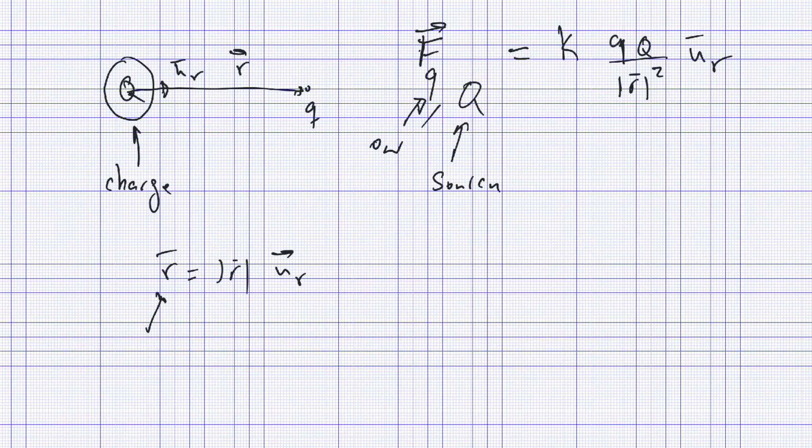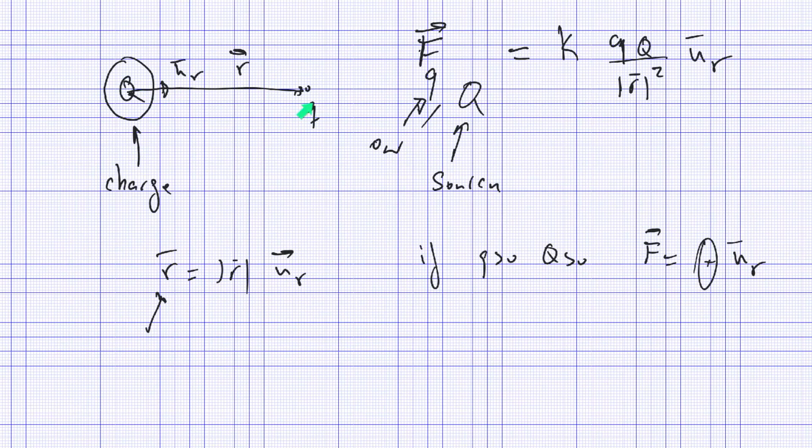As you see, there is no minus sign, because if Q is positive and q is positive, the force will be something positive in the direction of u sub R. So in this direction, u sub R.